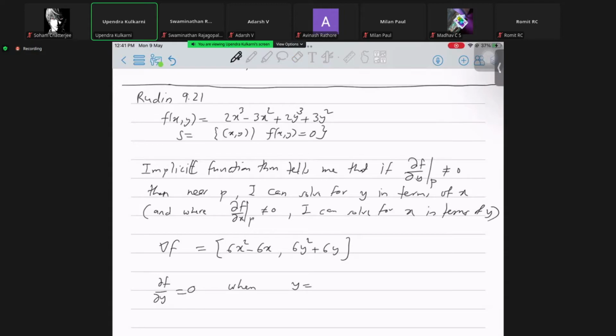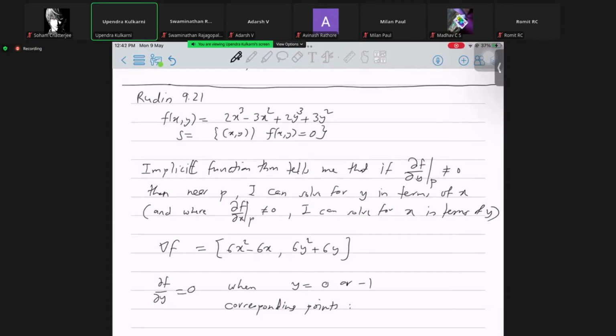When y is 0 or minus 1, what is the value of x? What are the corresponding points? When y is equal to 0, what solutions do I get? Okay, I'm working out the algebra on the fly, so please help me over here. X should be 0 or 1 when y is 0.